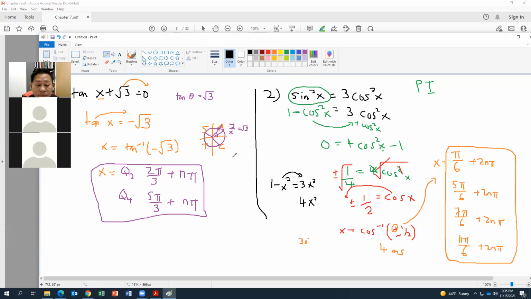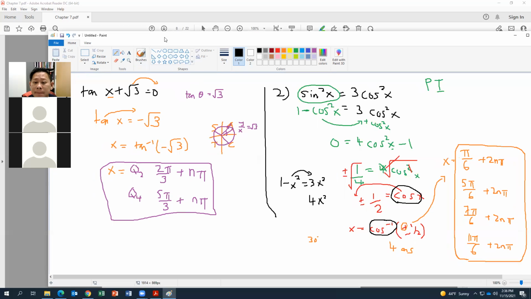Why didn't you change it to arc cosine the first time you moved cosine to the other side? The first time, in question 2, it's 1 minus cosine squared x equals 3 cosine squared x, and you move everything on the left side to the right side and combine them.